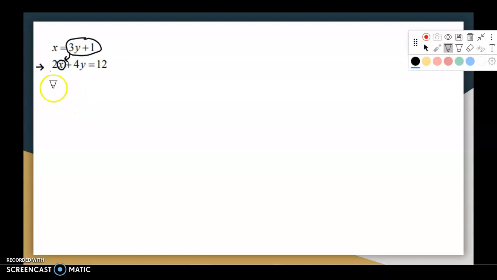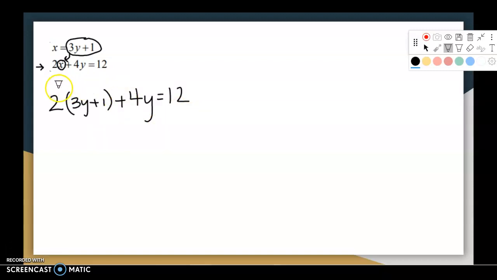So if we look at that second equation, we try to rewrite it. We start with 2. Now, we're going to replace x. What is x? X is 3y plus 1. So in place of an x, in parentheses, we're going to write 3y plus 1, plus 4y equals 12. We're just rewriting the rest of the second equation. Now we want to solve this equation for y.